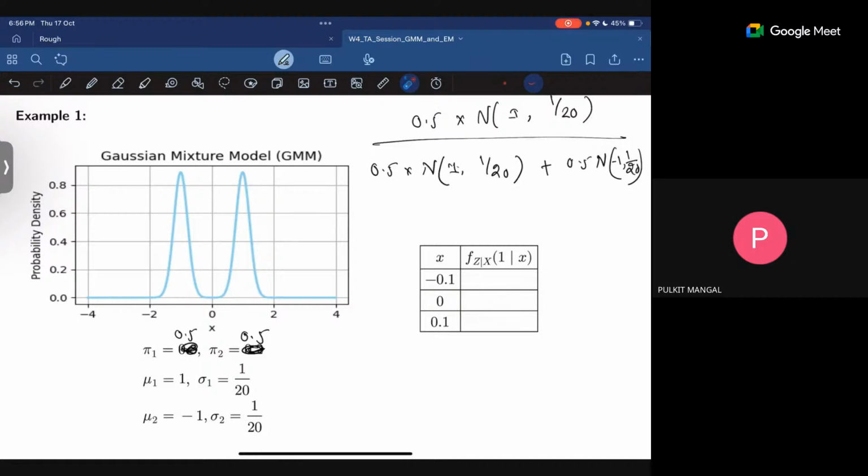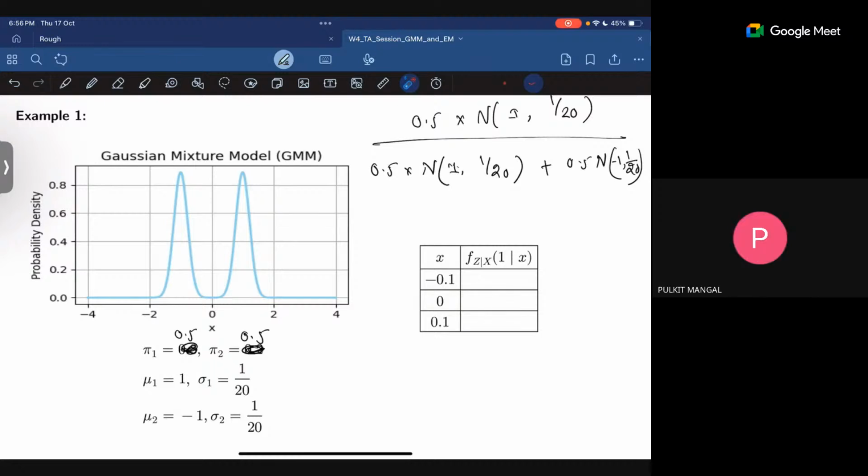What would be the probability that the 0 is coming from the first cluster? Given the data point 0, what is the probability that it would come from the first component? Any guess that you can make? 0.5.